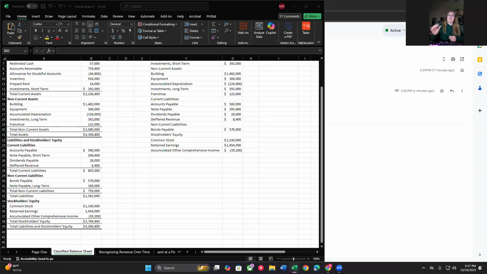Or do you mean the very first line, or the first line before every subsection? No, only the very first line, only assets, and then the total assets should have it, and for liabilities it'd be accounts payable, and then the total liabilities, and for stockholders equity it'd be the common stock, whatever the ones at the top, and then just the total.